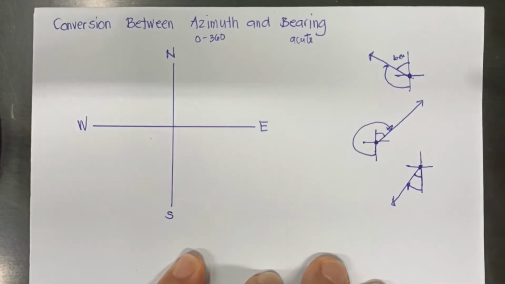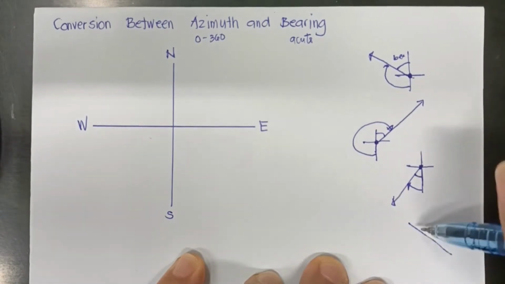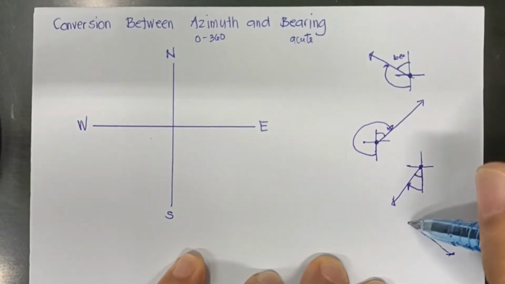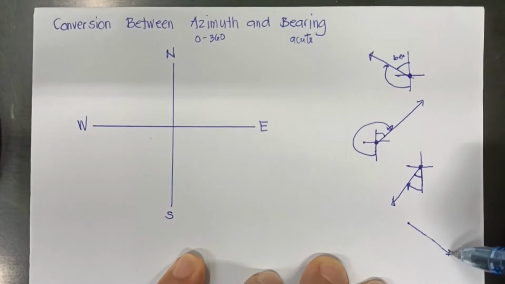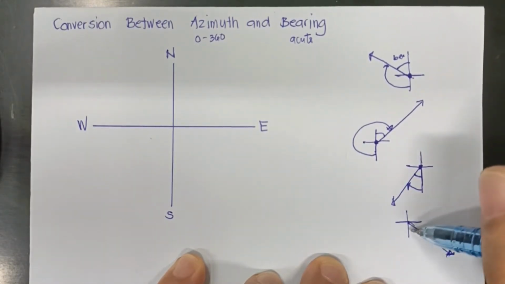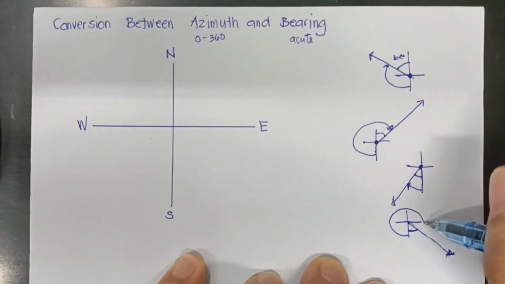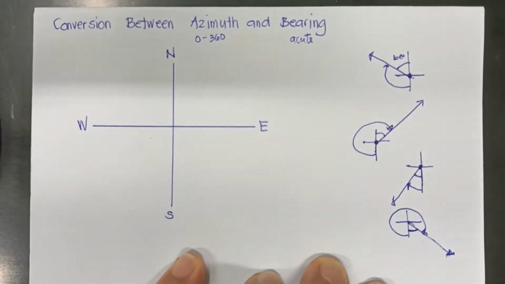And another situation is if the line is going in this direction, so this is the initial point, this is the end point. In that direction, the bearing of that line is this angle, and of course the azimuth is this angle.